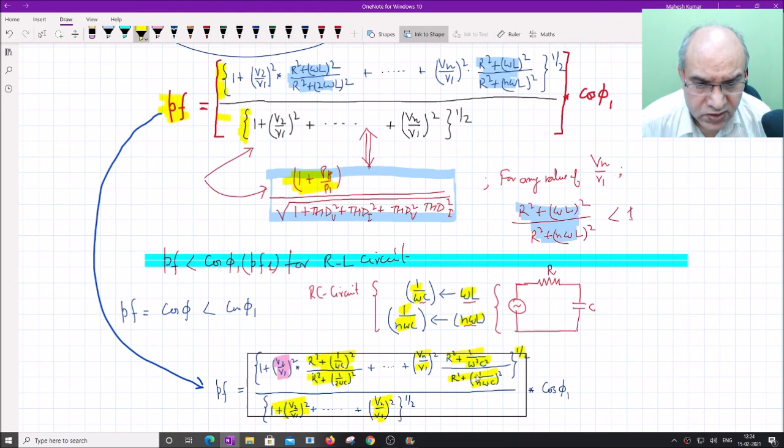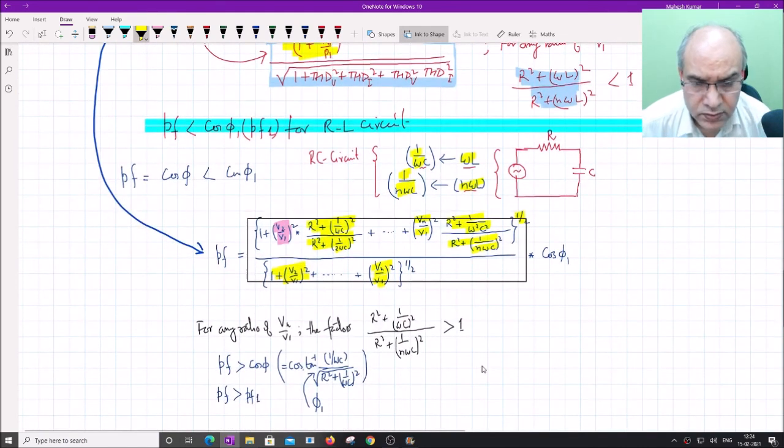So once we replace these terms omega L in terms of omega C, then we will find that the power factor expression becomes 1 plus (b2 by b1) square into (r square plus (1 by omega C) whole square), and in the denominator we have r square plus (1 by 2 omega C) square.